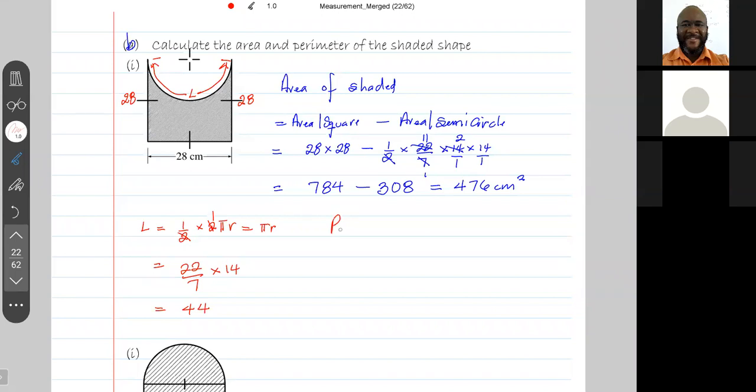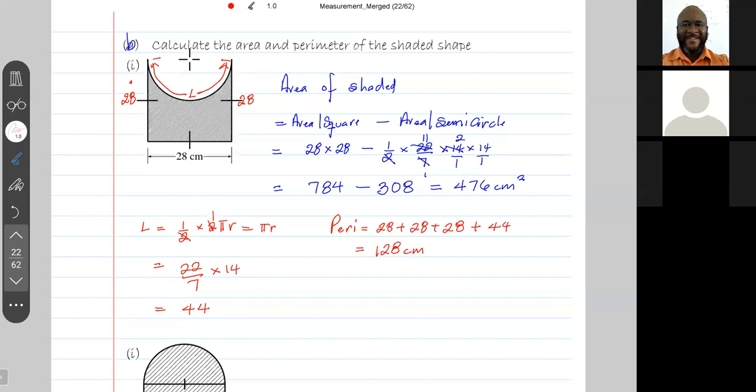And so the perimeter, which is distance around, would be 28 plus 28 plus 28, those are the 3 straight edges, and then the length of the curved edge, which is 44. So let's add. The perimeter would therefore be 128 centimeters.